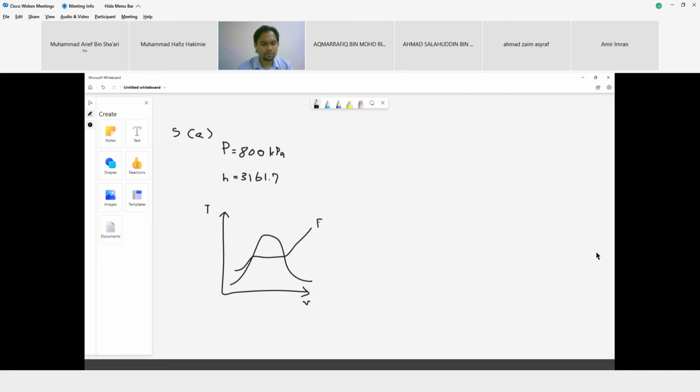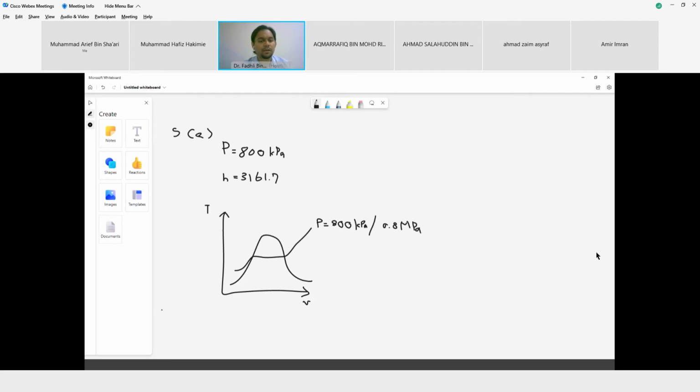This is pressure. Okay, the pressure is 800 kilopascal, or you can write it as 0.8 megapascal. It's the same.